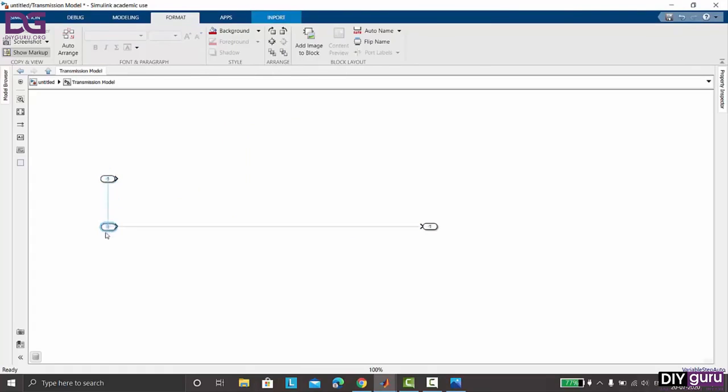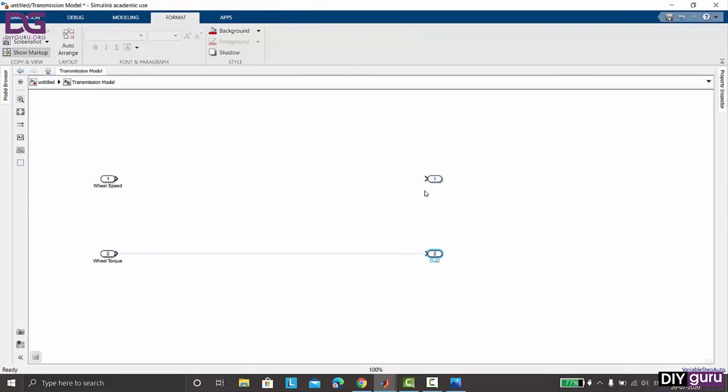So here we require two inputs, so copy one input. Name it as wheel speed and wheel torque. The output which we get from the model is the amount of speed and the torque required from the motor. So name it as motor speed and motor torque.